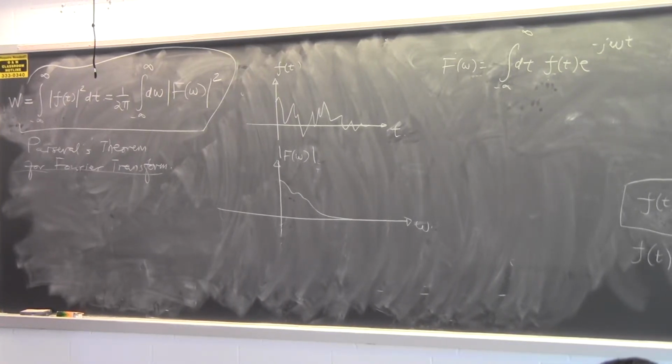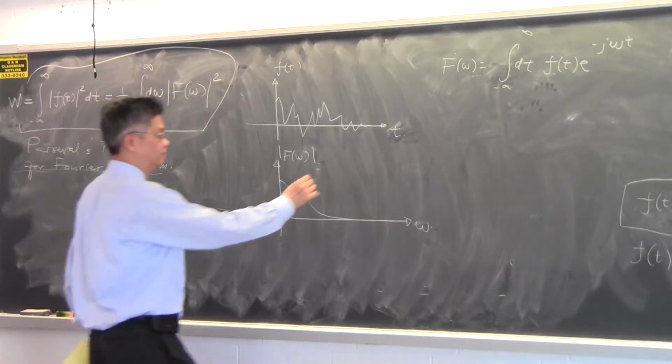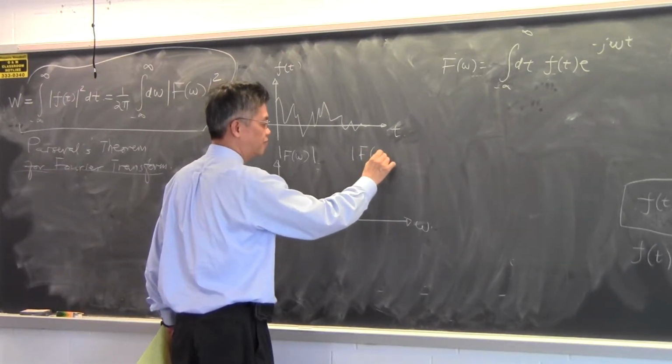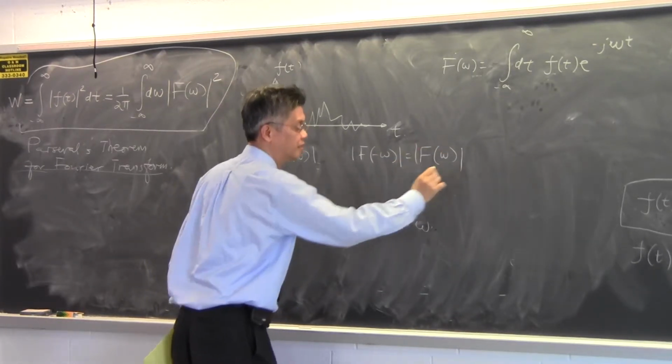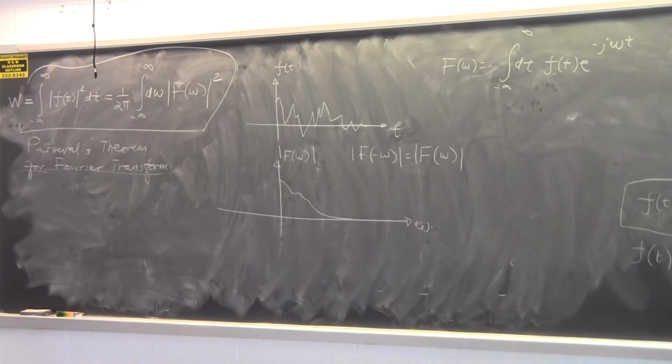But because the negative frequency is just a complex conjugate of the positive frequency, what happens to the magnitude for negative frequencies? They should be the same, right? F of minus omega must be f star of omega from this property.